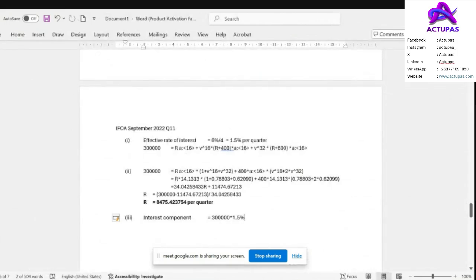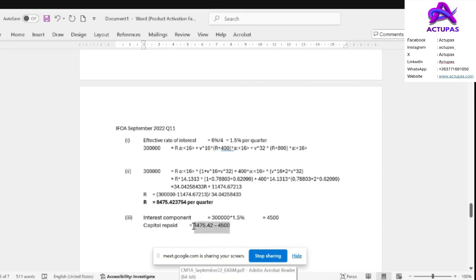So our interest is 4,500. And so the capital repaid will be the installment of 8475.42 minus 4,500.